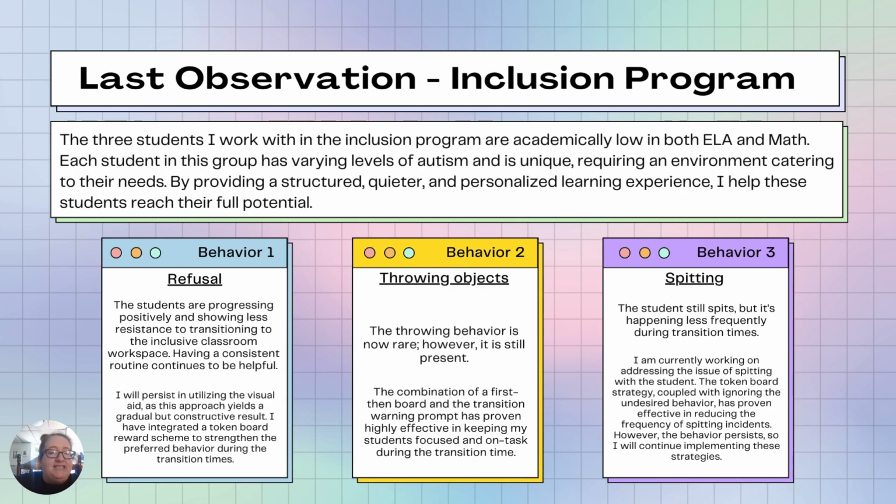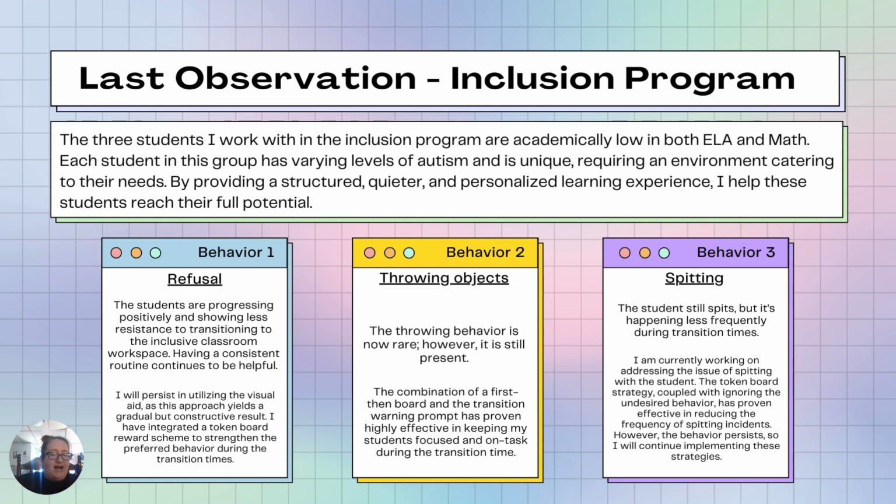My last observation in the inclusion program, the behavior one with refusal. Students are progressing positively. They're showing even less resistance to transition. Having a consistent routine has been very helpful.